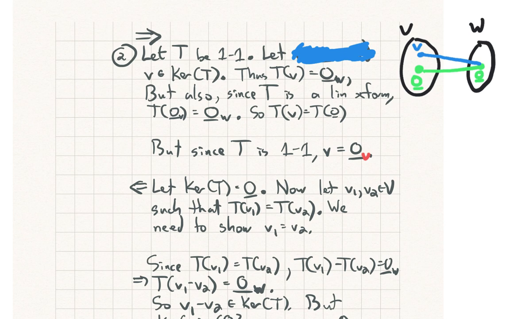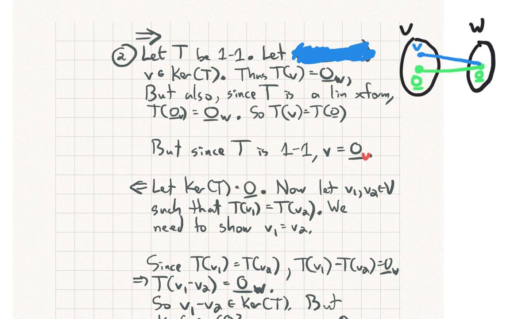Now we need to show that all functions with a trivial kernel are 1 to 1. And just to be clear, by function, I mean linear transformation. Okay, so let's do the other direction. Let's assume we have a transformation that has trivial kernel, where it's just the 0 vector in the kernel.